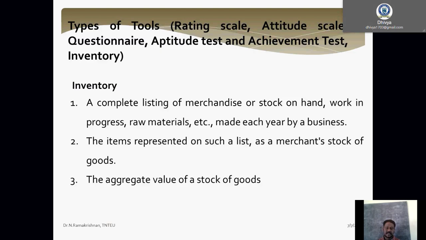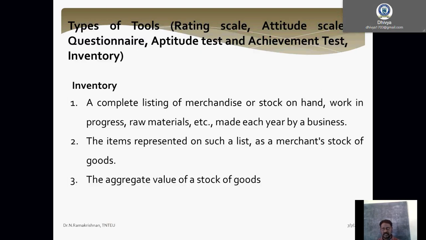The item is represented on such a list as a merchant's stock of goods, the aggregate value of the stock of goods. So normally we are finding out if stocks are overboard, then naturally the company will think of clearing the stock, and then they will assess the total value of the stock.